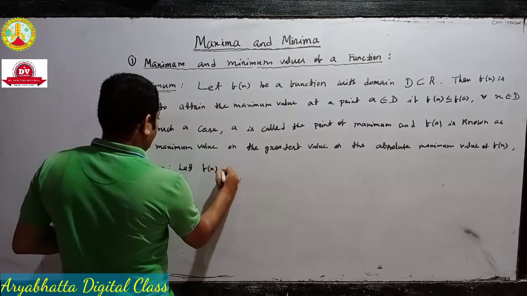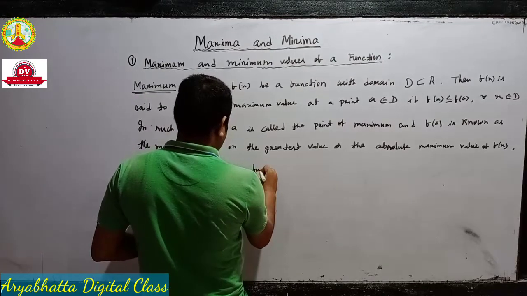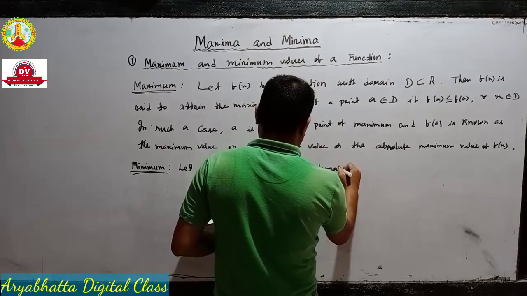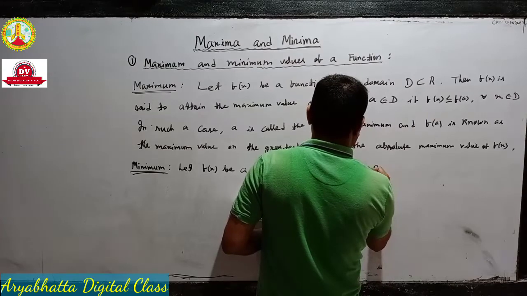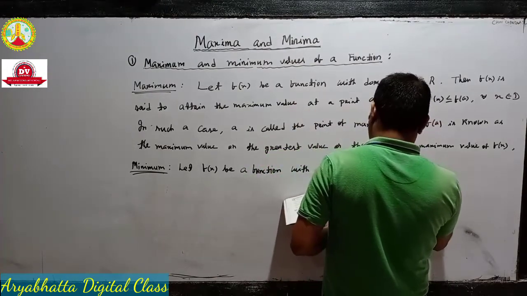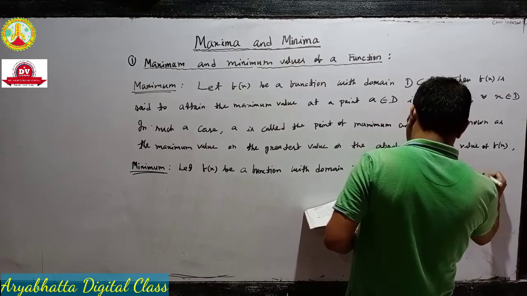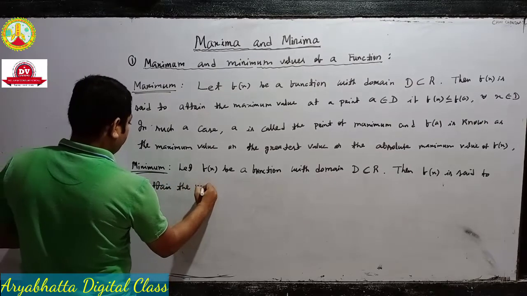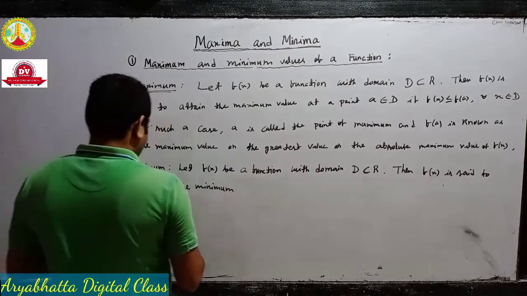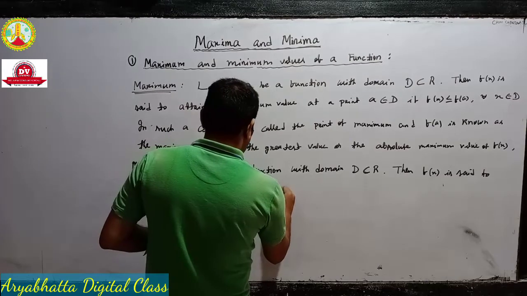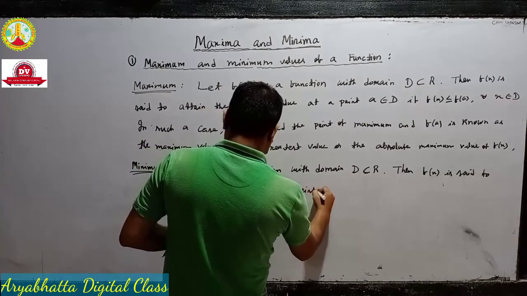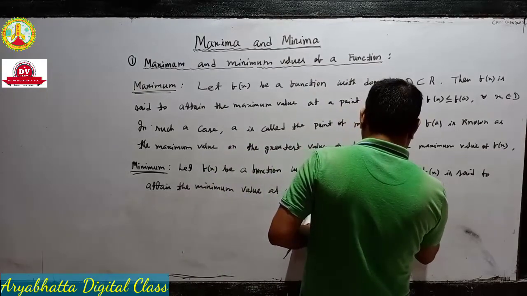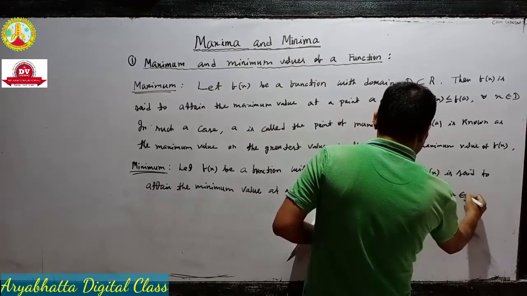Let f of x be a function with domain D, a proper subset of R, then f of x is said to attain the minimum value at a point a belongs to D if f of x is greater than or equal to f of a for all x belongs to D.